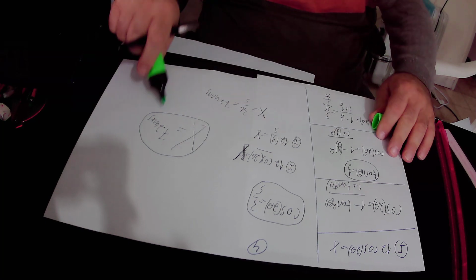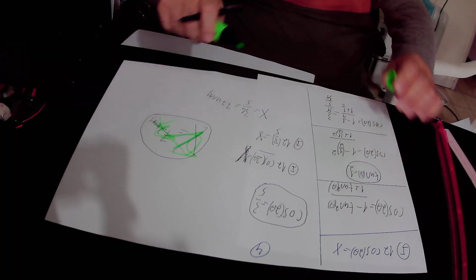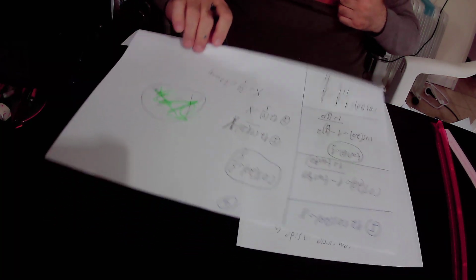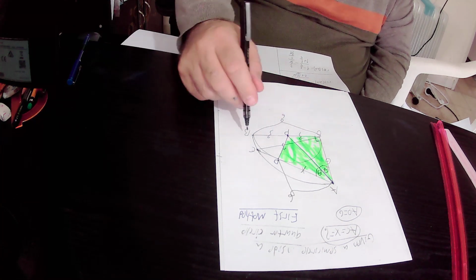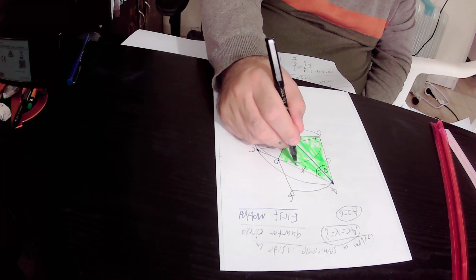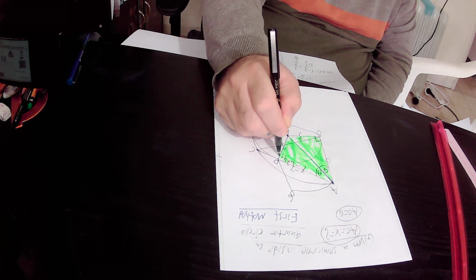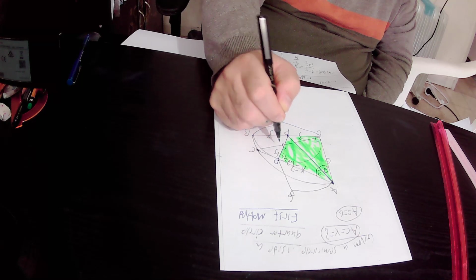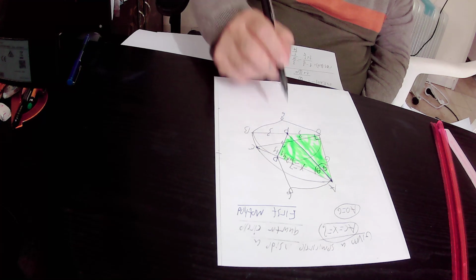Now x is also equal to AC. X equals AC, which equals 7.2 units. And that is the answer to the question: AC equals x equals 7.2 units.